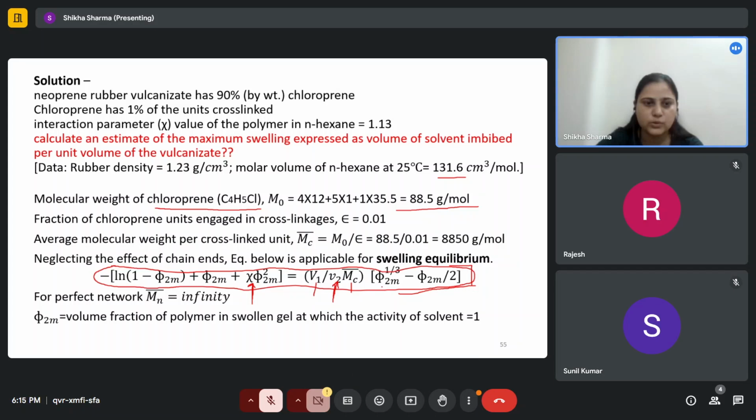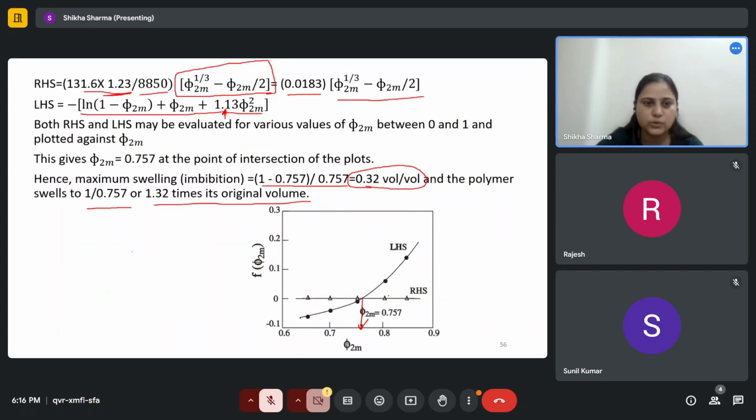From that we calculated the average molecular weight of the cross-linked units, and this is the formula, and this is unknown. From this formula only the phi 2m value is unknown, which is the volume fraction of the polymer in the swollen state. So we plotted the value, because we know that if this curve intersects this value, it is at the swelling equilibrium.